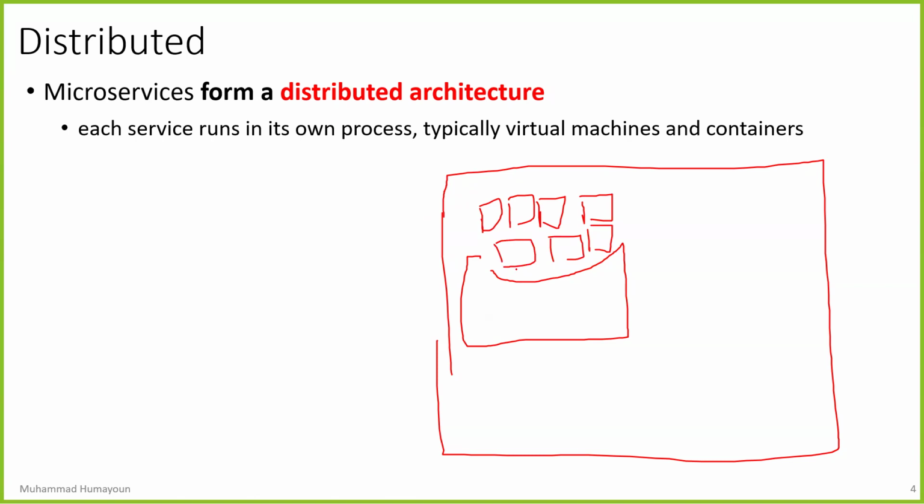A container is just like the goods container. Each container has its own closed environment. So this container can run one service, another container can run another service, with all the compilers and environment that is needed for that service to run.